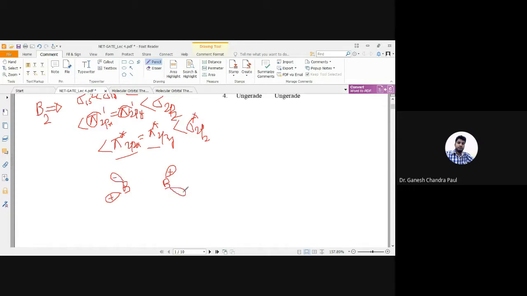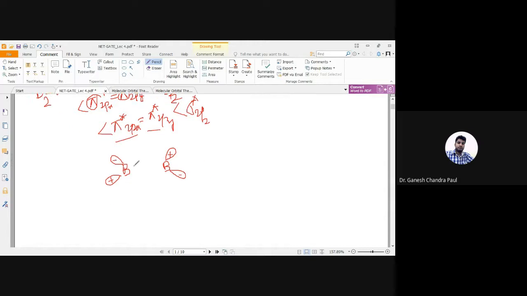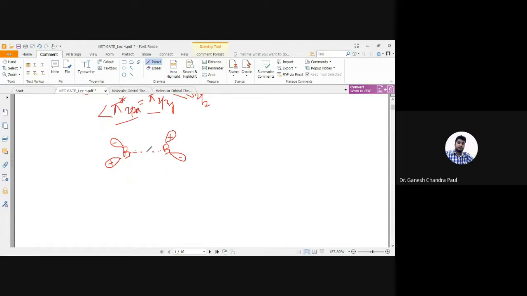Now you can see there is a center of symmetry present over here, i. Based on the i symmetry, the pi star orbital is gerade, because if you draw a line from this part through the center and extrapolate it to the opposite side, you get the similar positive lobe over here. So therefore it is clearly gerade symmetry.